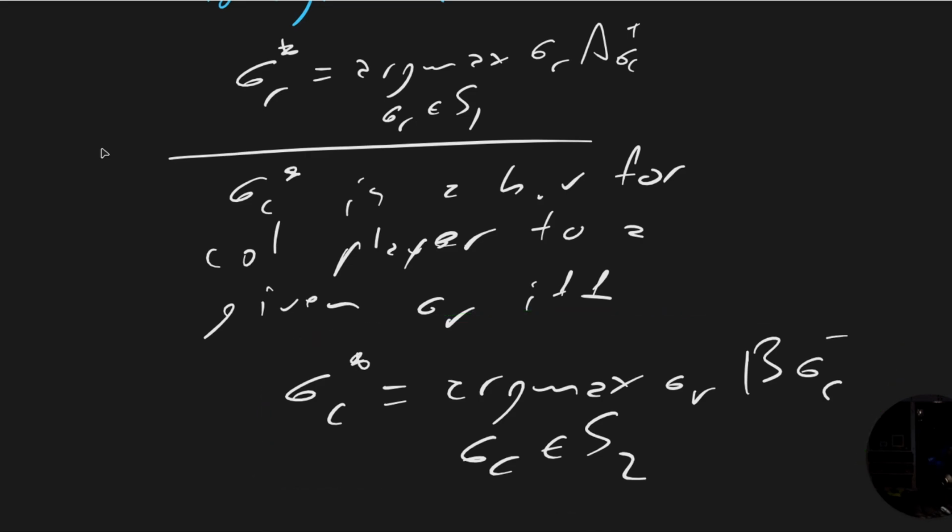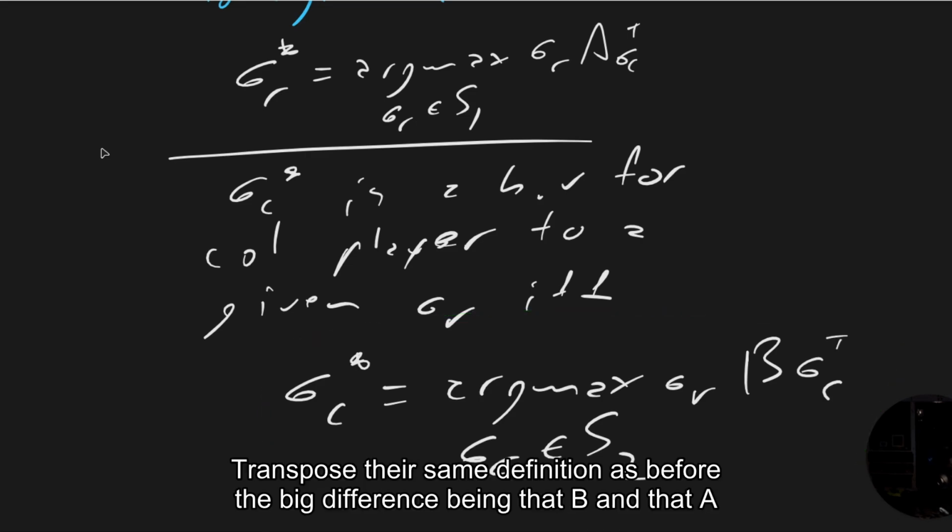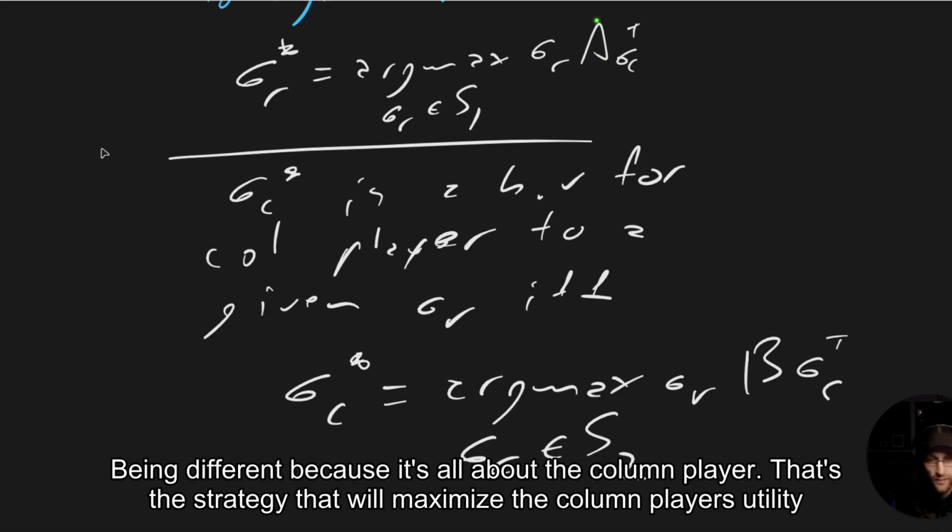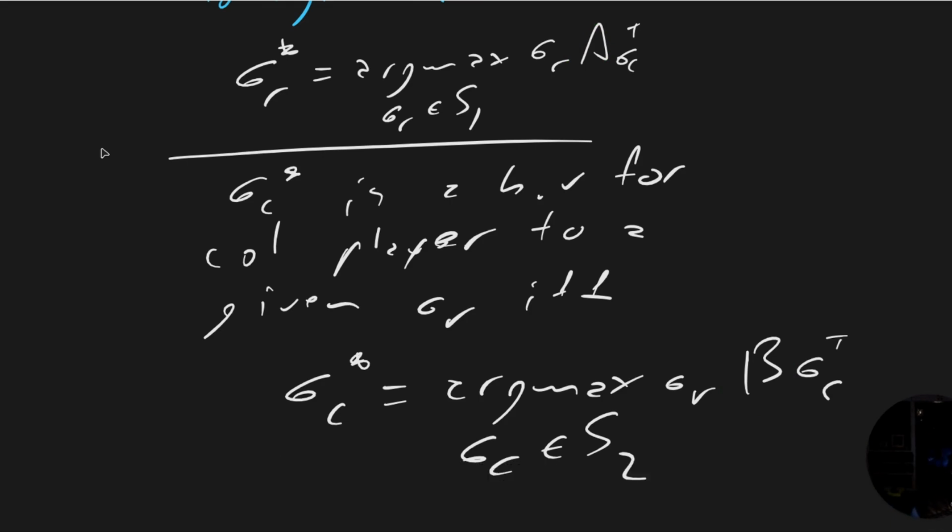The big difference is that B and A are different, because we're talking about the column player. That's the strategy that'll maximize the column player's utility.